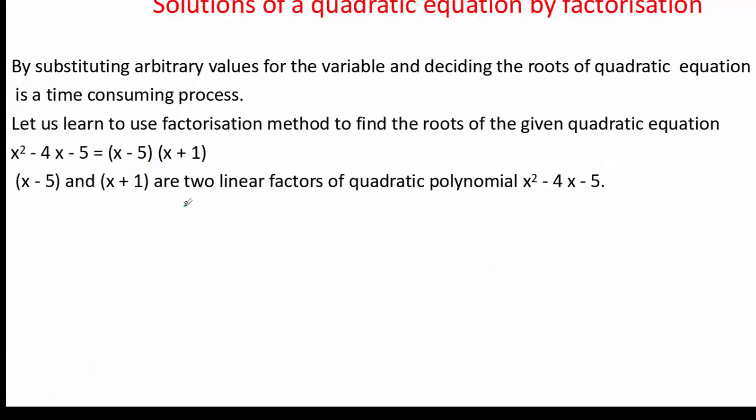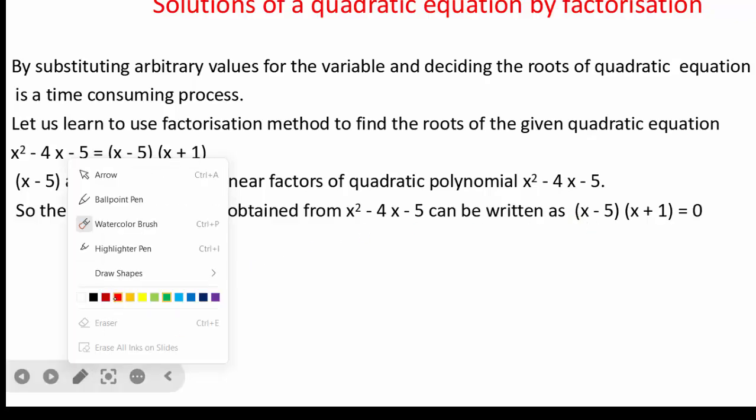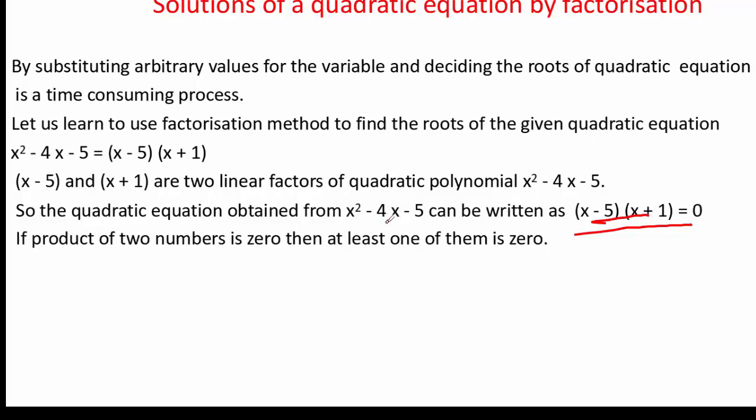Now x minus 5 and x plus 1 are two linear factors of the quadratic polynomial. And so the quadratic equation obtained from x square minus 4x minus 5 can be written as x minus 5 into x plus 1 equal to 0. And we know that if the product of two numbers is 0, then at least one of them is 0.